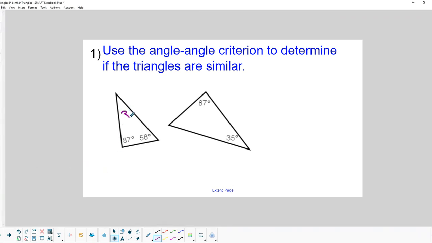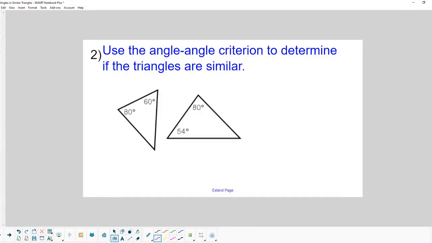So this is 35 degrees. And if you look over here, that's 35 and that's 87, which means this has to be 58 degrees. And so these triangles really are similar, aren't they?